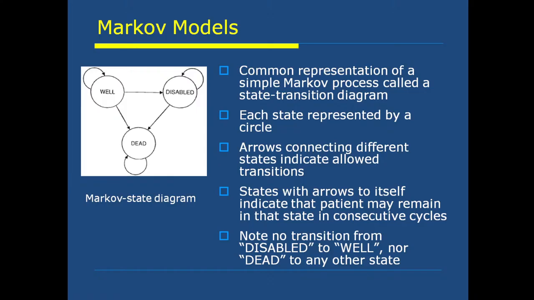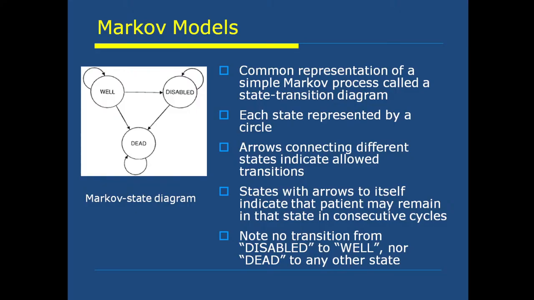On this slide, you see a Markov state diagram. There are 3 states for the patient: well state, disabled state, and dead state. This is a common representation of a simple Markov process, called the state transition diagram.